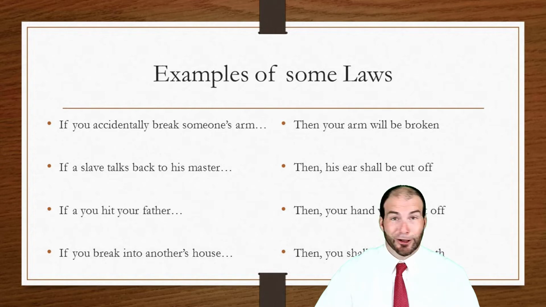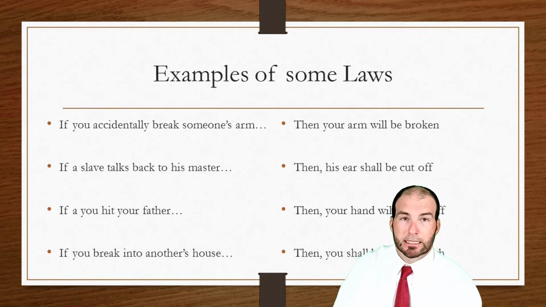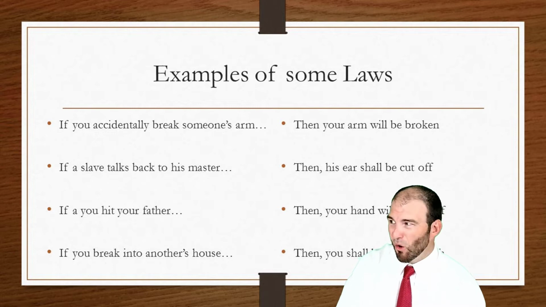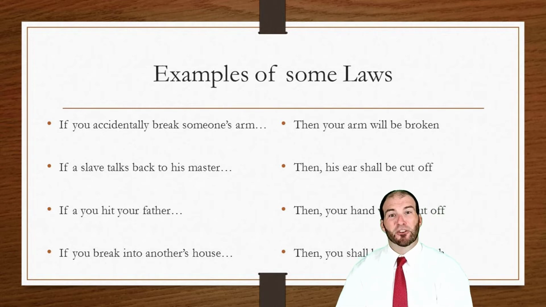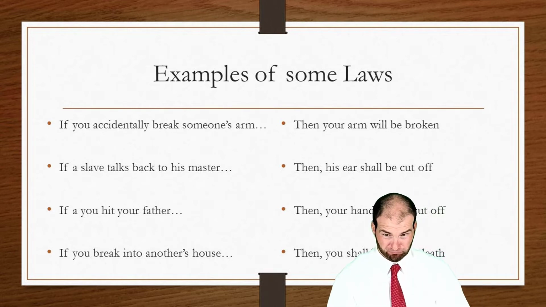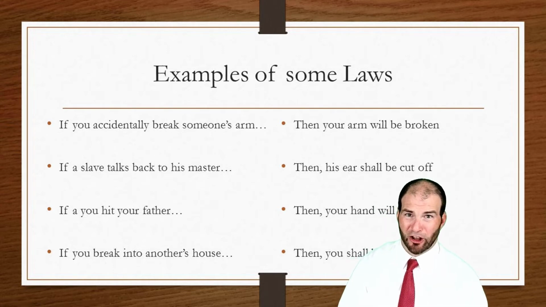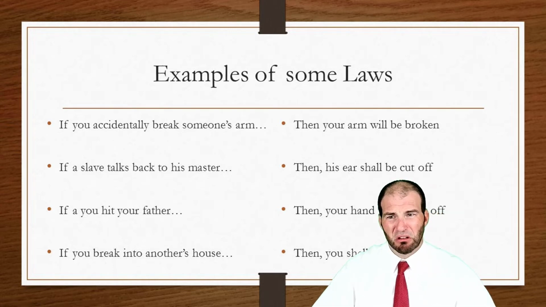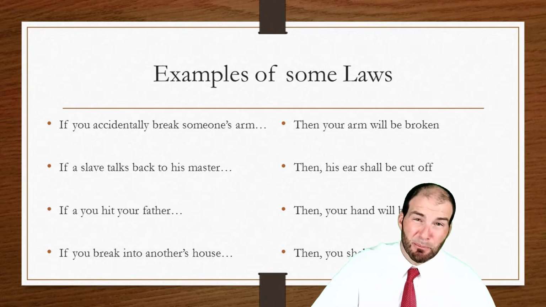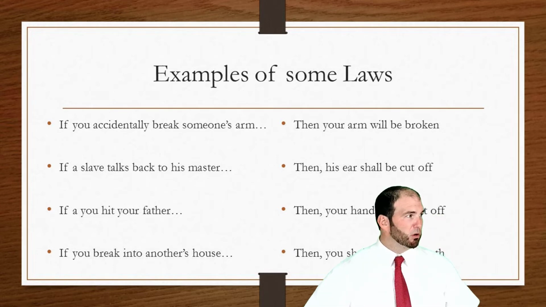All right, there's a lot to unpack here in Babylon. If a slave talks back to his master, his ear will be cut off. What? If you hit your father, your hand will be cut off. What is going on? If you break into somebody's house, they put you to death. You're like, what in the world?